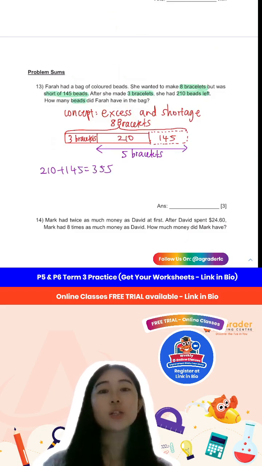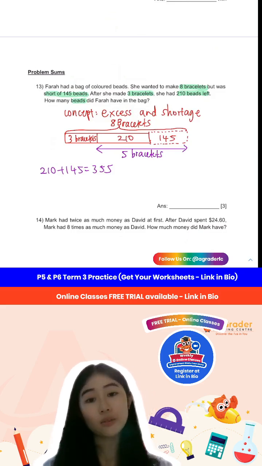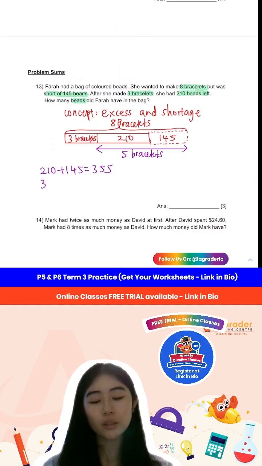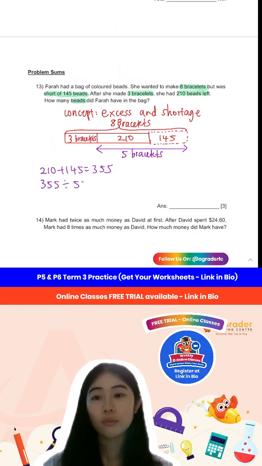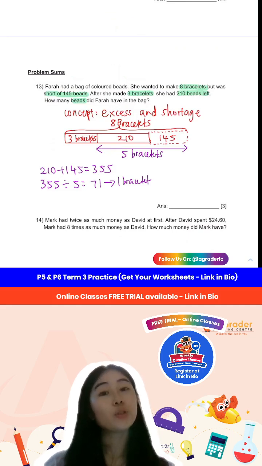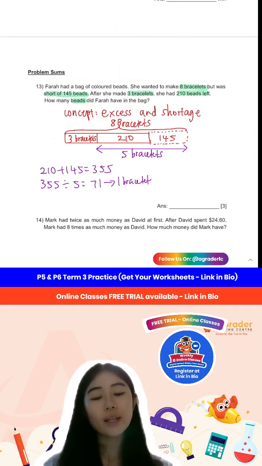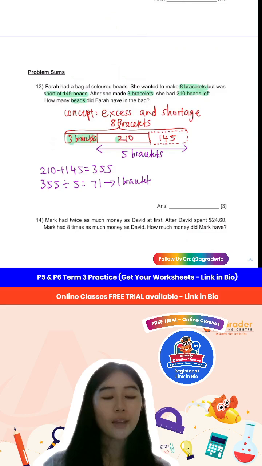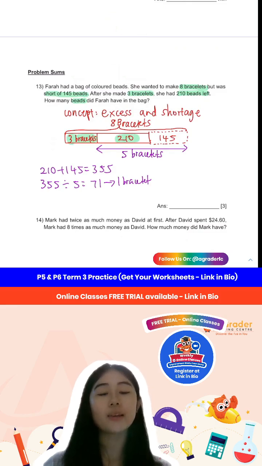You get 355. So that is for 5 bracelets, and then you're going to divide by 5 to get 1 bracelet. That's 71 for 1 bracelet. So if you're trying to find out how many beads Farah has, remember that Farah can actually make 3 bracelets, and then she has 210 left.